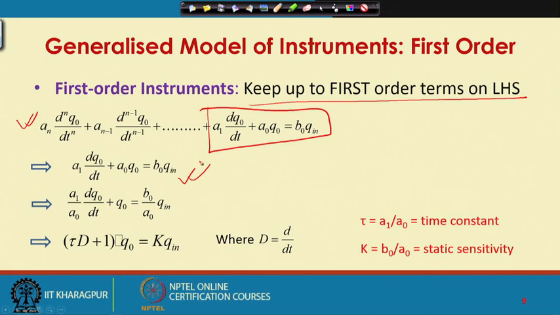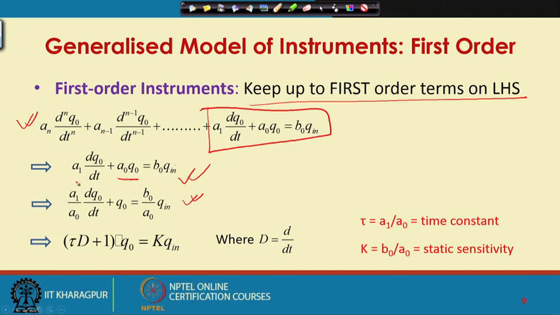This represents an ordinary differential equation with constant coefficients, which is a model for first order instruments. This equation can be rearranged by dividing throughout by a_0, the coefficient of the 0 order term of q_0.